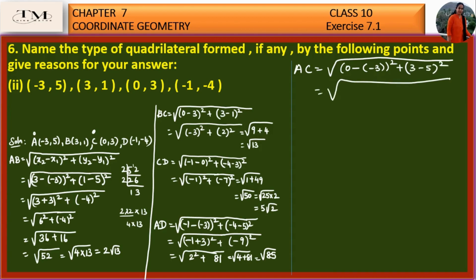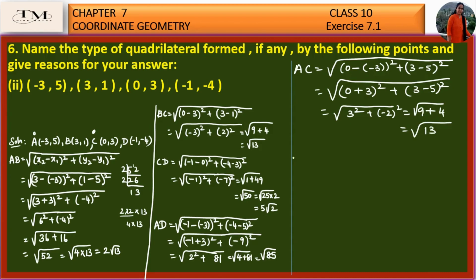So it is the square root of 0 minus of minus is plus, so 0 plus 3 whole square plus 3 minus 5 whole square. 0 plus 3 is 3, so 3 square, 3 minus 5 is minus 2 whole square. 3 square is 9 plus minus 2 whole square is 4. So the square root of 9 plus 4 is root 13. So we got AC is equal to root 13.